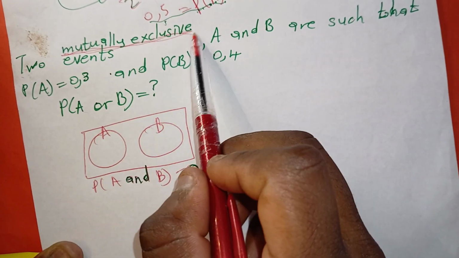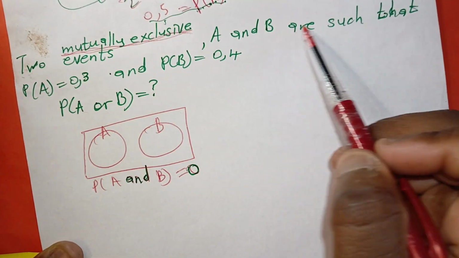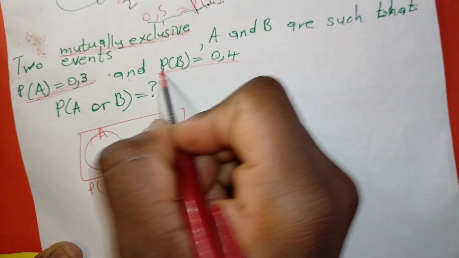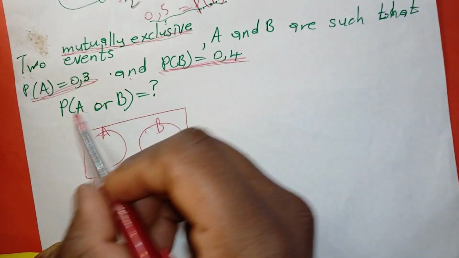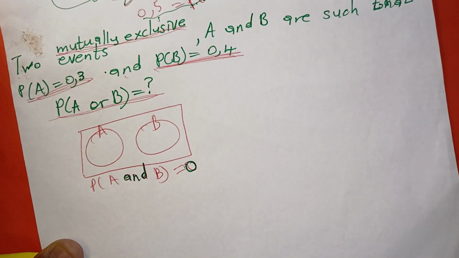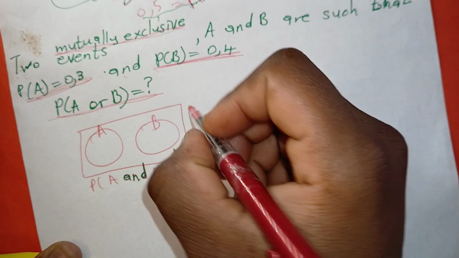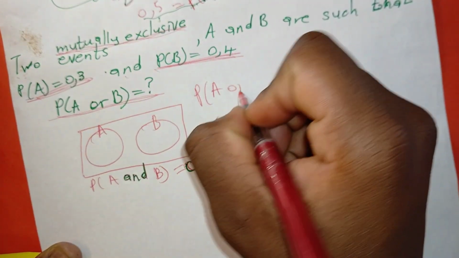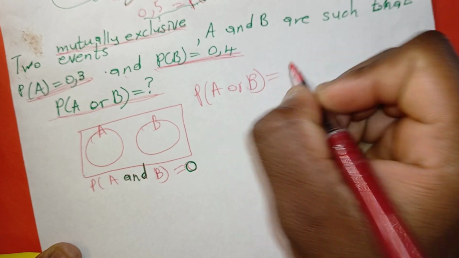So now let me just read this. Two mutually exclusive events A and B are such that, so we are given this and given that one. Determine this one. This one, guys, is straightforward, just apply the general equation. Do you see, guys, how important the general equation is?